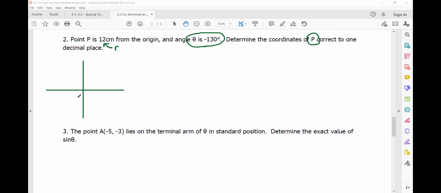So the point I am dealing with, if I rotate negative 130 degrees, is about here. That is negative 130 degrees. And that means this portion right here would be 40 degrees, which means this portion is going to be 50 degrees.